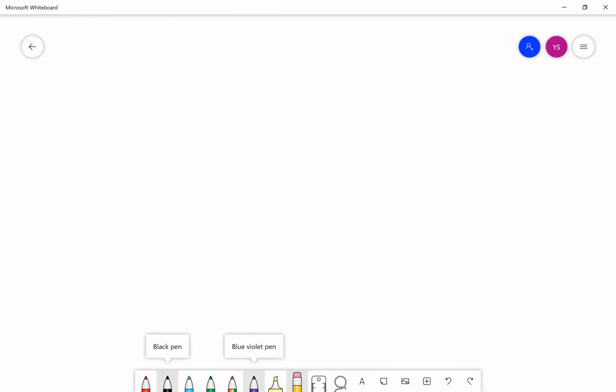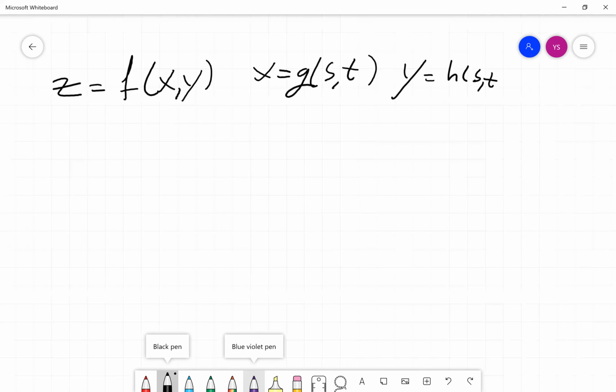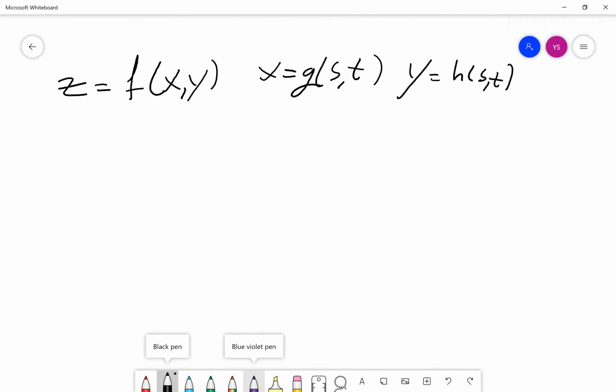Now we would want to be able to find, if my z is equal to f of x,y, and my x is equal to some g of s,t, and my y is equal to some h of s,t. So now my x and my y don't only depend on t, they depend on two variables. And let's say I now ask you, what is the partial of z with respect to s?